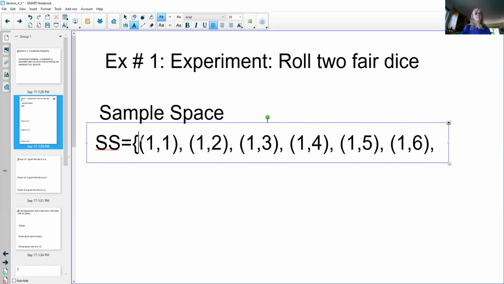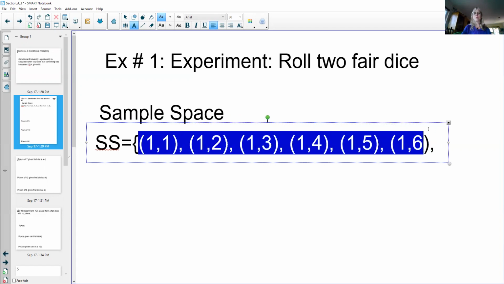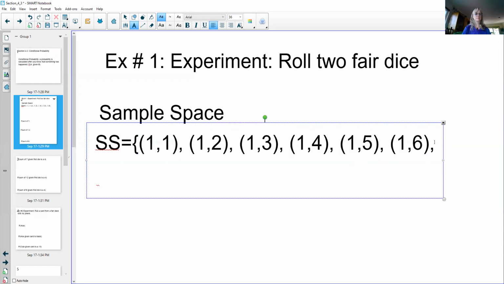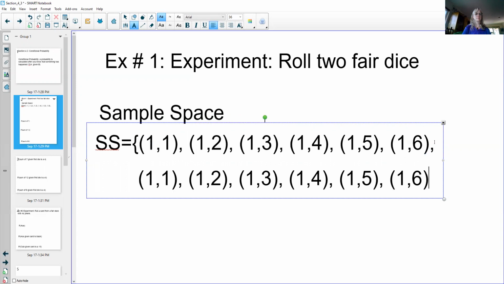And it's nice when you can copy and paste. So I'm going to do some copy and pasting here to make this a little bit faster. And then I just need to change these to 2s.